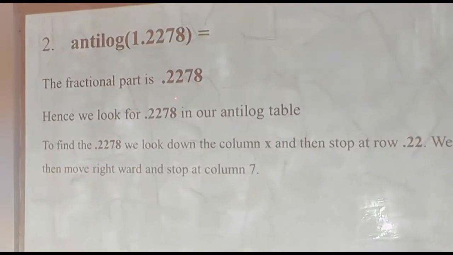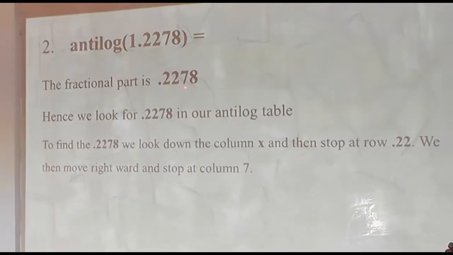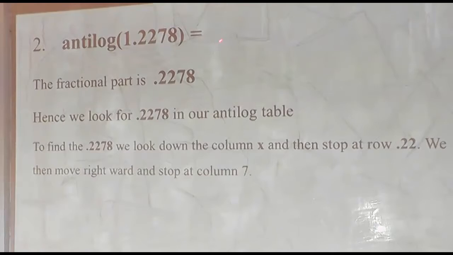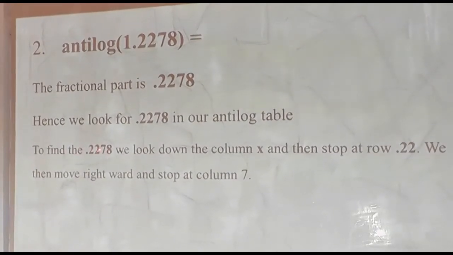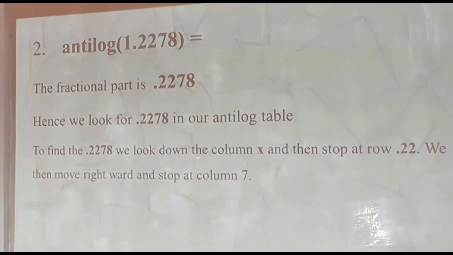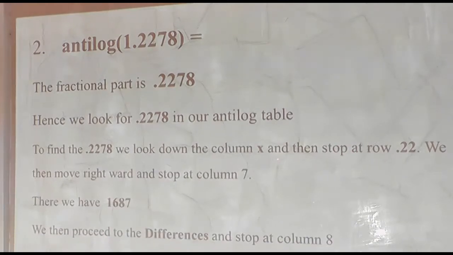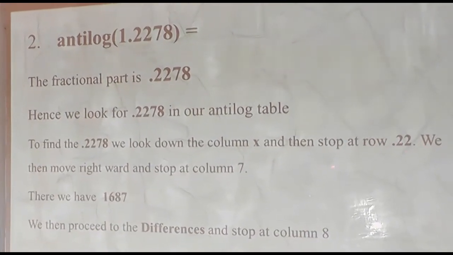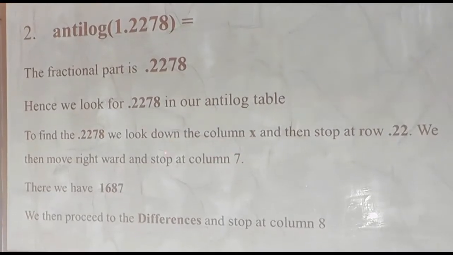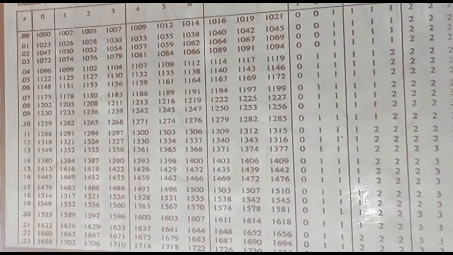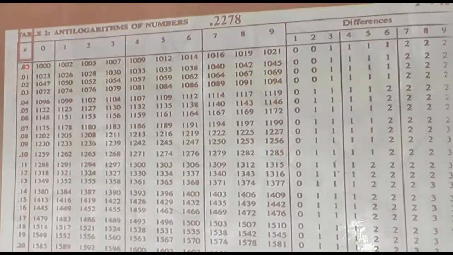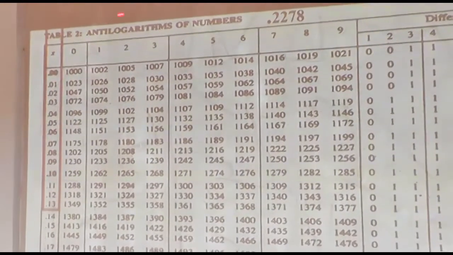So we look at our antilogarithm table. To find 2278, we look down the column X and stop at row 22, then we move to the column headed 7. So here, this is the antilogarithm table.